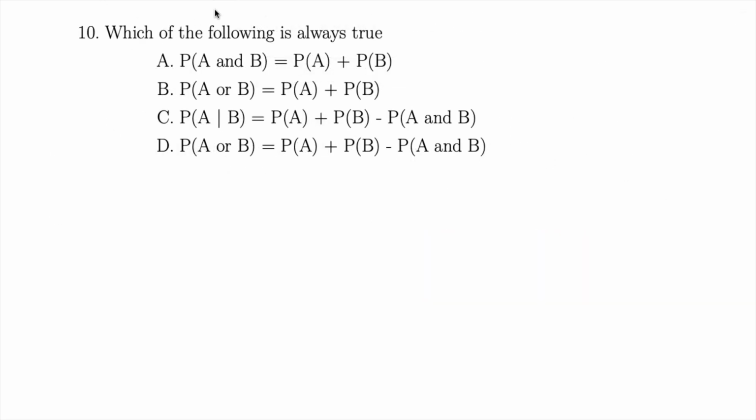So now we're at problem 10 and we have some rules of probability here and we're wondering which of them is always true, is true no matter what. Part A says if you want to know the probability that they both happen, you can just add their separate probabilities.